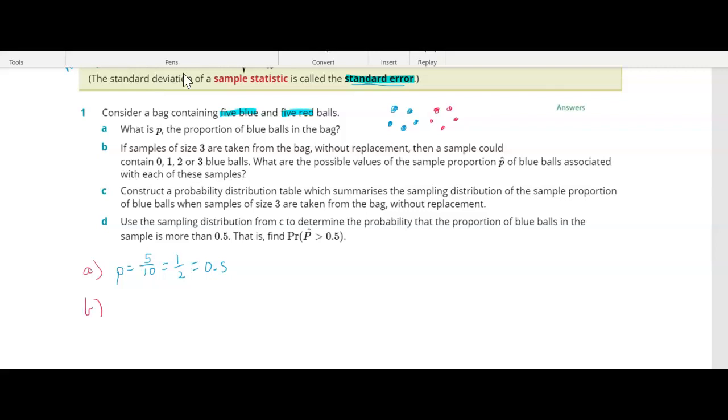All right, question B. If samples of size 3 are taken from the bag without replacement, then a sample could contain 0, 1, 2, or 3 blue balls. What are the possible values of the sample proportion p hat of blue balls associated with each of these samples? All right, so let's do a distribution. So that's question C. So I might do B and C together.